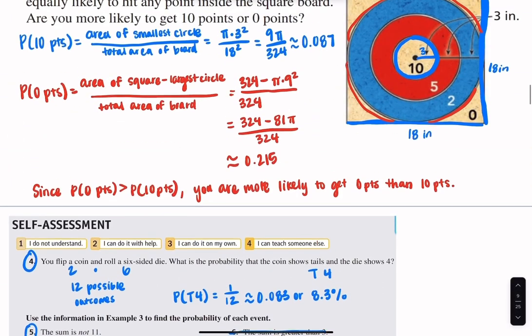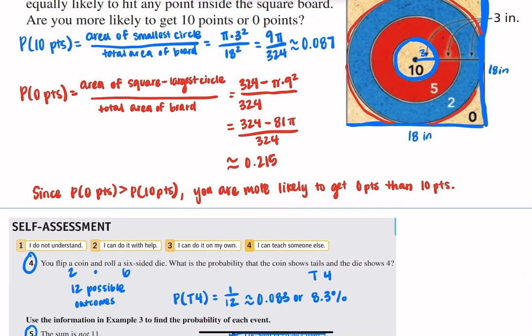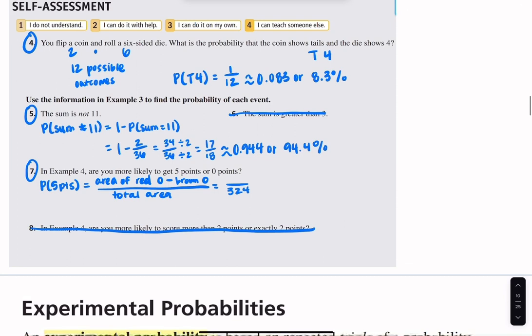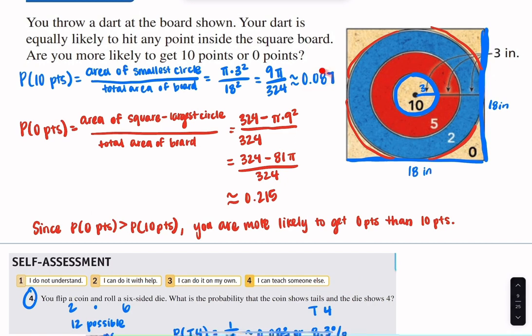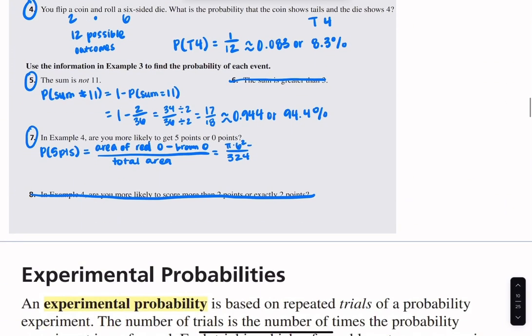So the red circle is going to be pi 6 squared minus the brown circle we already found right here, 9 pi. So 6 squared is 36 minus 9 pi.